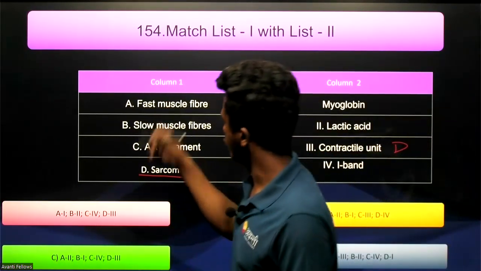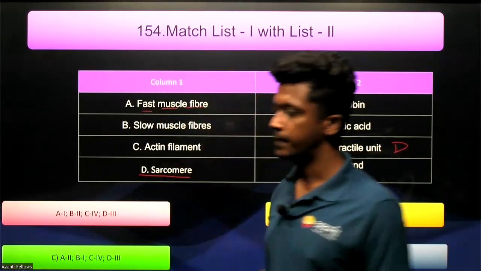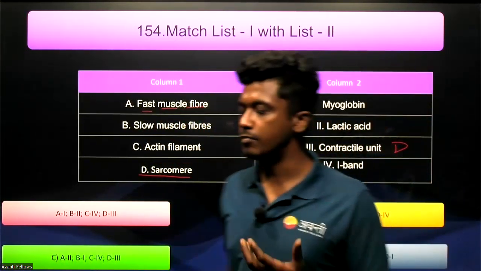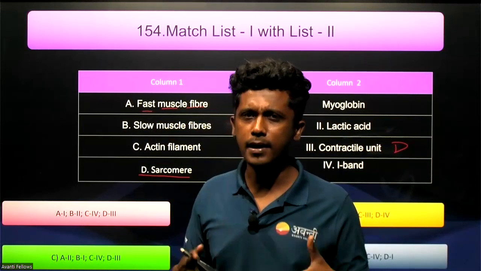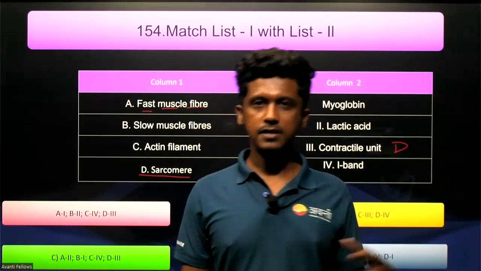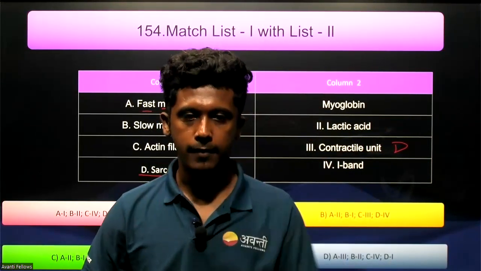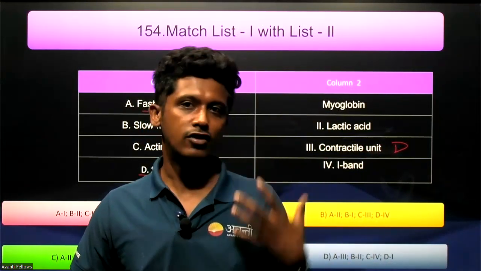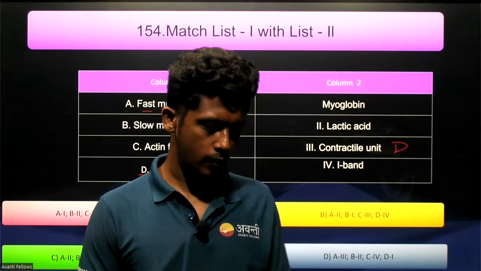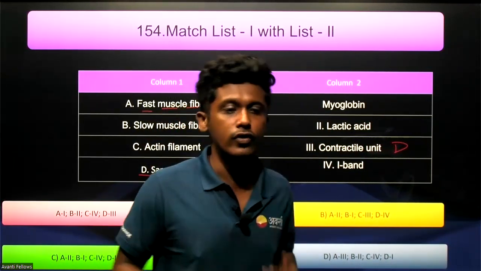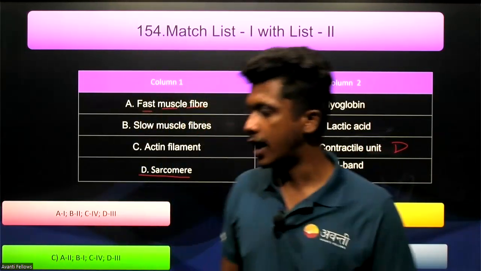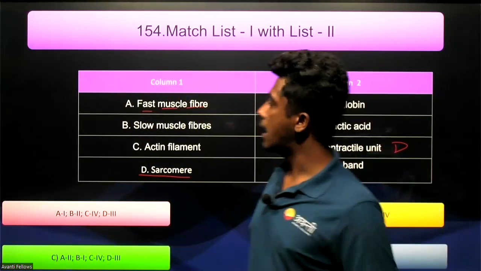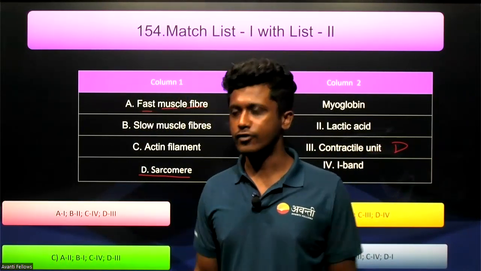So let us look at the other options such as fast muscle fiber. Whenever you have a fast muscle fiber, they rapidly burn the oxygen, which means they require high amounts of oxygen supply. But can we do that all the time? It's not possible in a living system. For example, if you're exercising or running and doing very high intensity workouts, you're doing a lot of muscle contraction at a very rapid pace.